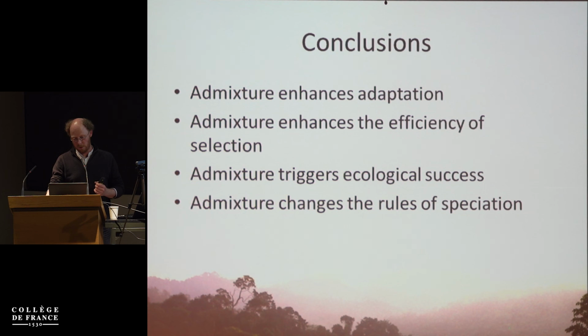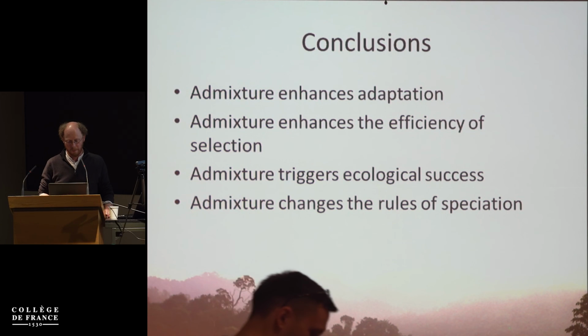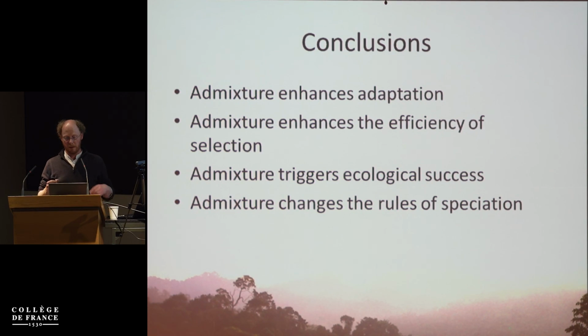So in conclusion, I would say that admixture in this species has enhanced adaptation by shuffling adaptive alleles and offering new mimicry alleles. It's enhancing the efficiency of selection by increasing gene flow and recombination genome-wide and across a much wider range than in other species.